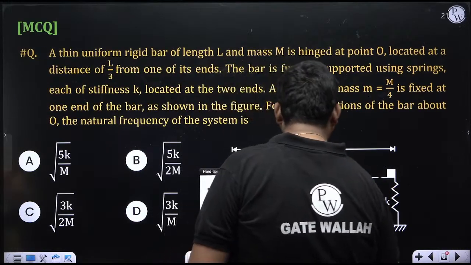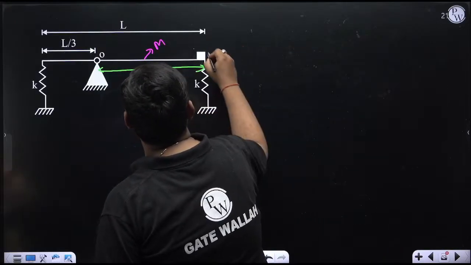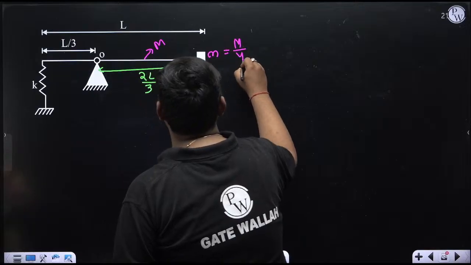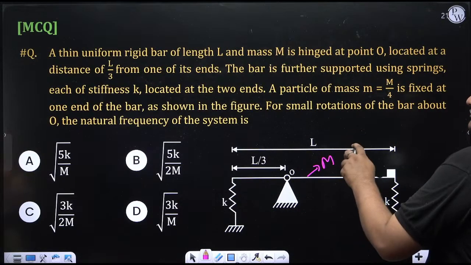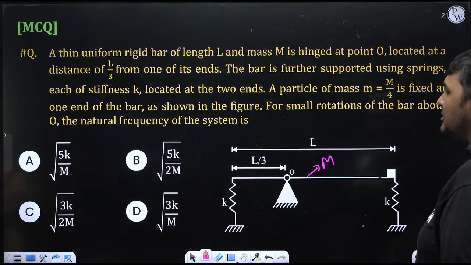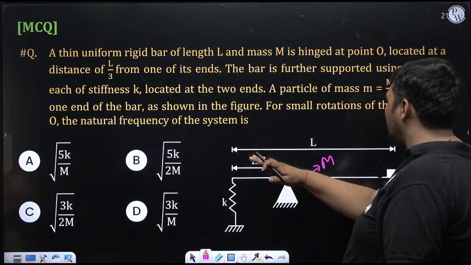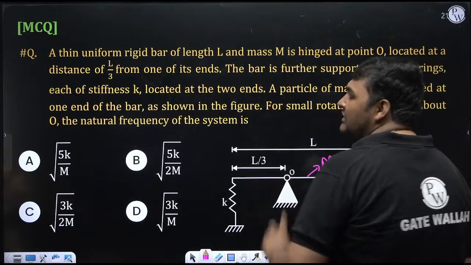The mass of the rod is capital M, and the mass of this particle is small m, which is capital M by 4. It is given in the question. It is fixed at one end of the bar as shown in the figure. This diagram is given. Now for small rotation, meaning I rotate this rod by a small amount and then release it, what will be the natural frequency of the system?